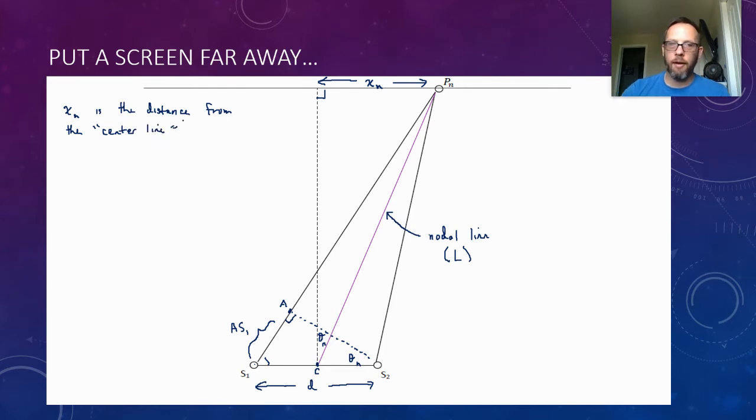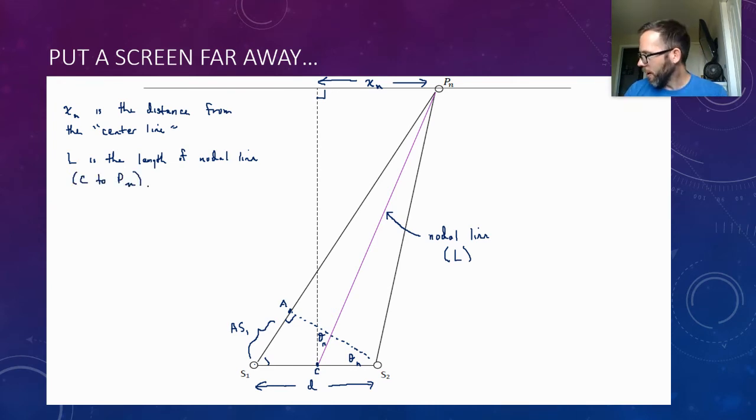All right, so xn is the distance from the center line. L is the length of the nodal line corresponding to Pn. Maybe I'll add that, C to Pn.